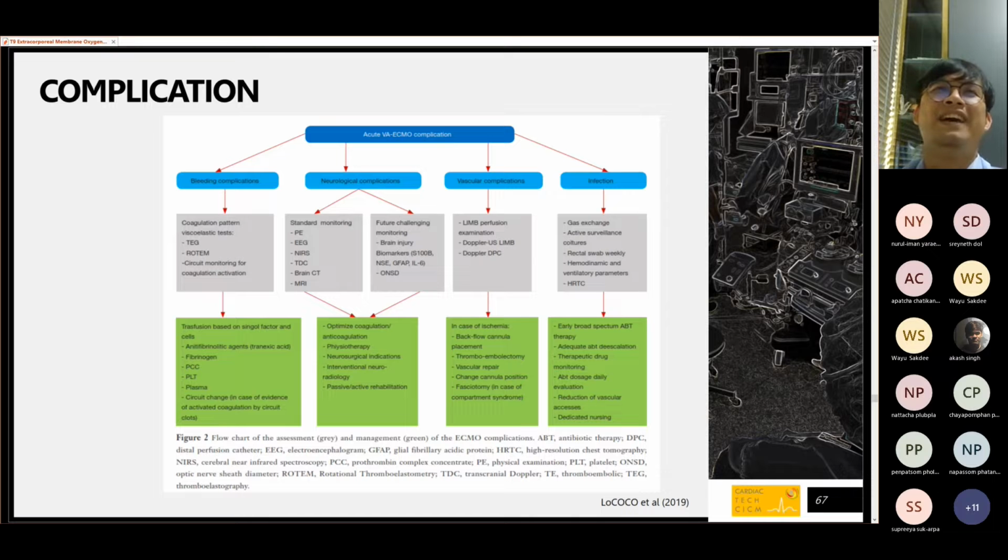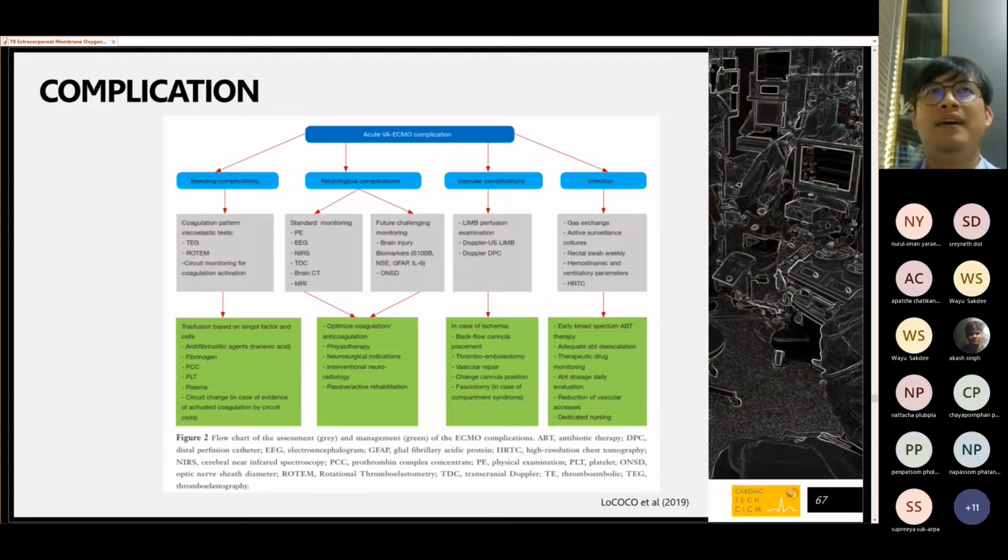And here are the VA ECMO complications that are related to the main category, the main four issues. So here is how to maintain and monitor.